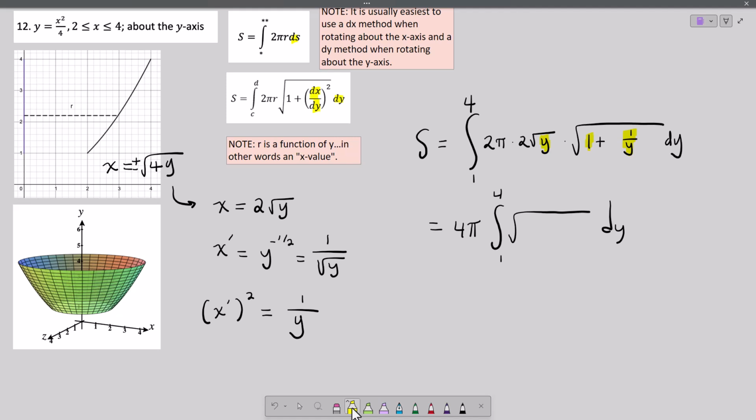So we take the y on the left and we throw it into the inside. It's going to be y times 1, and then y times 1 over y. So we end up with that as our simplified integral, and we can integrate that directly. Add 1 to the exponent, divide by the new exponent.